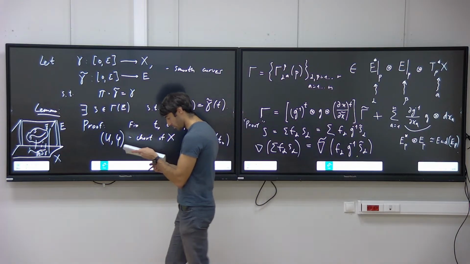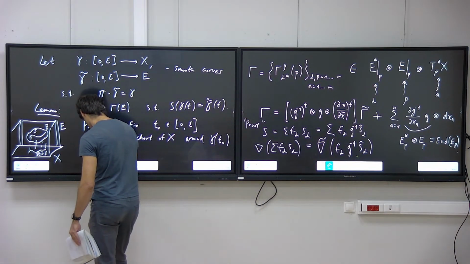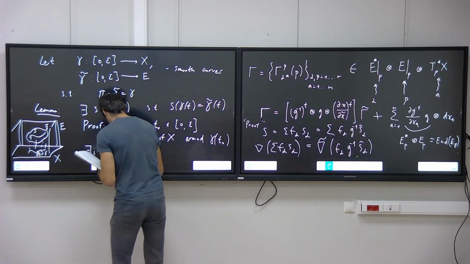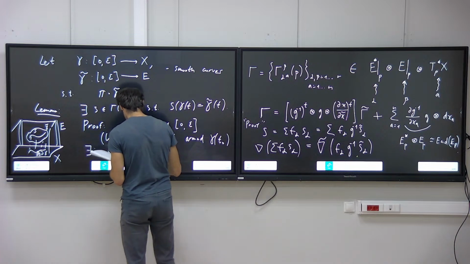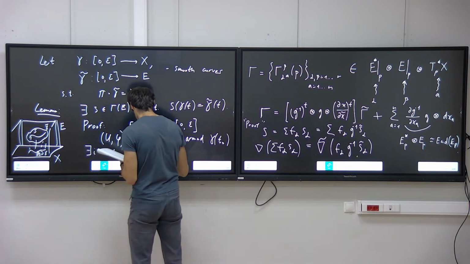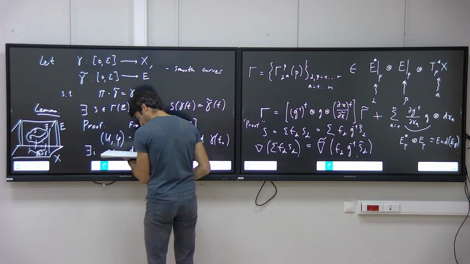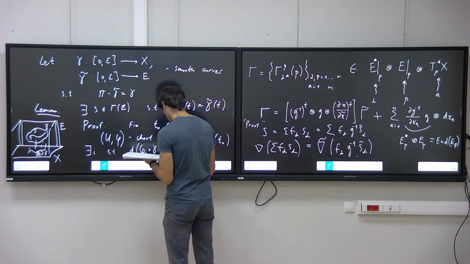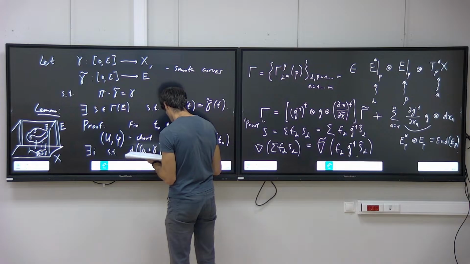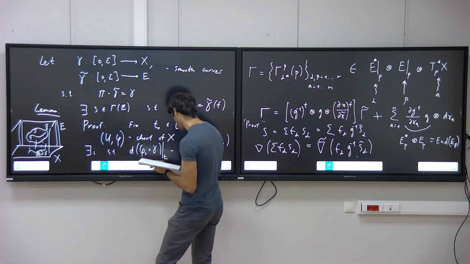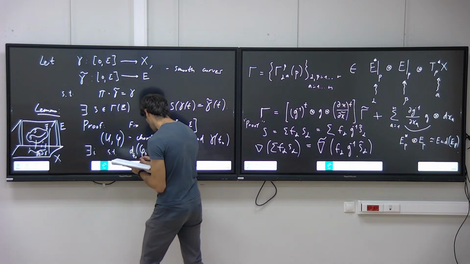And so what I want to mention, to observe, is that there exists I such that d phi I composed with gamma at T0 is not 0.